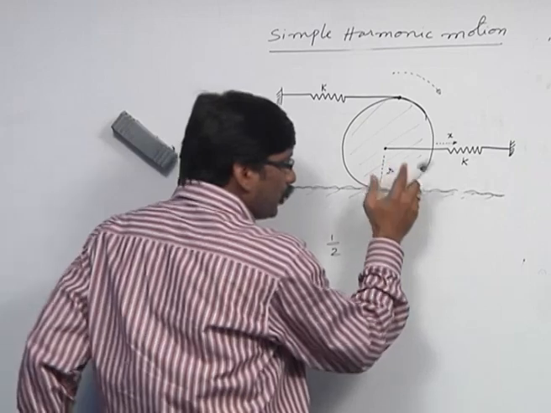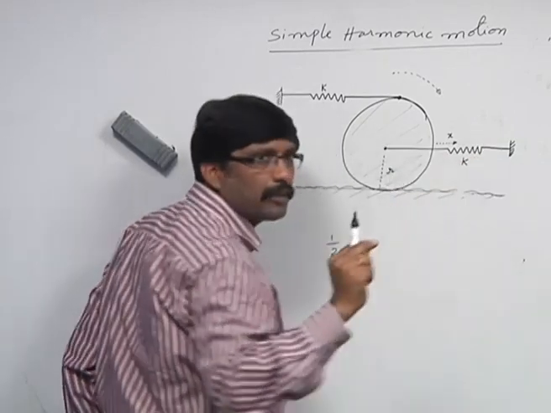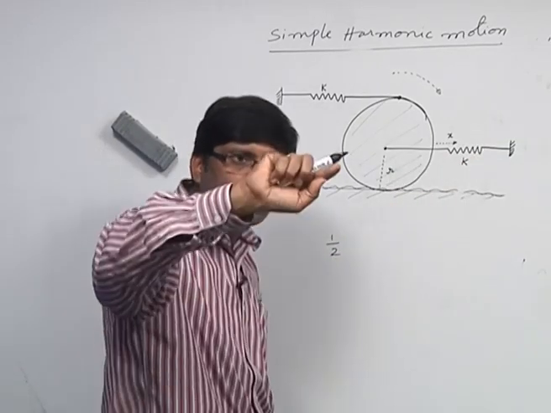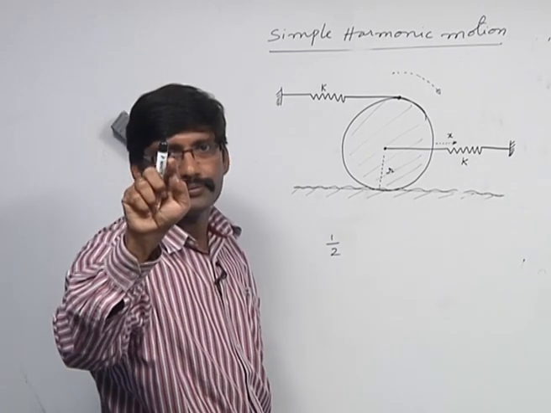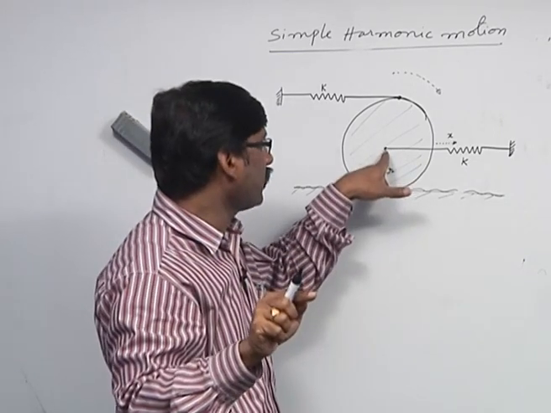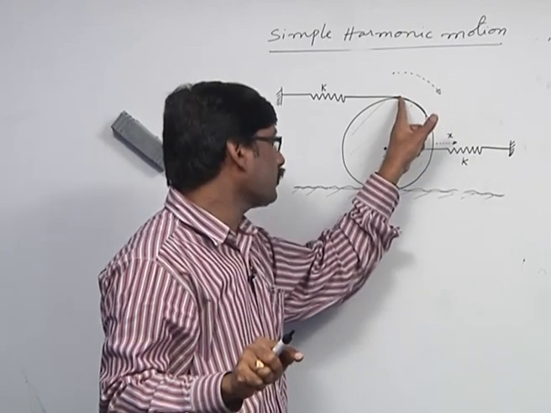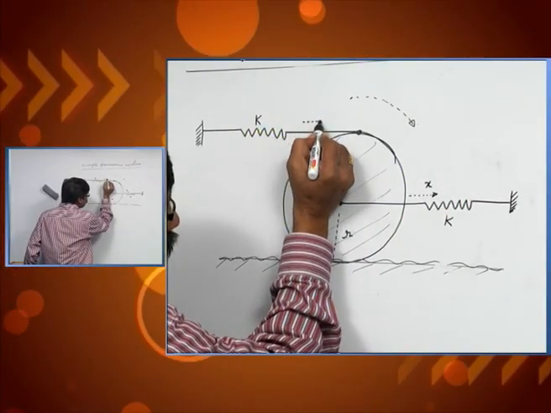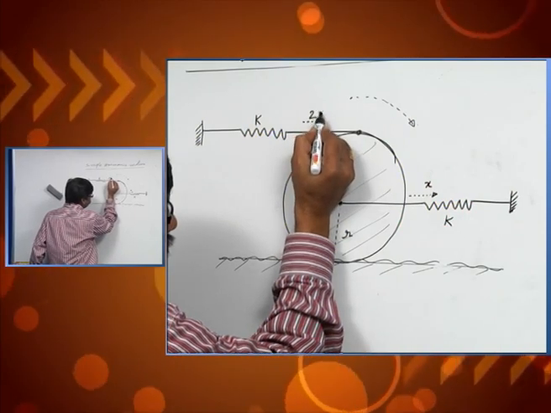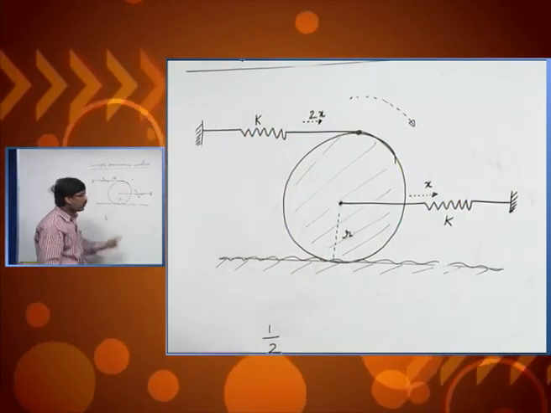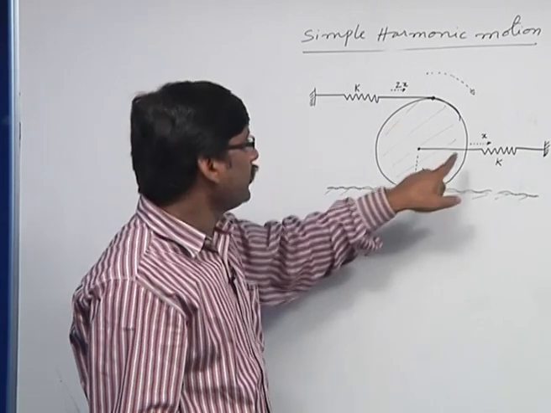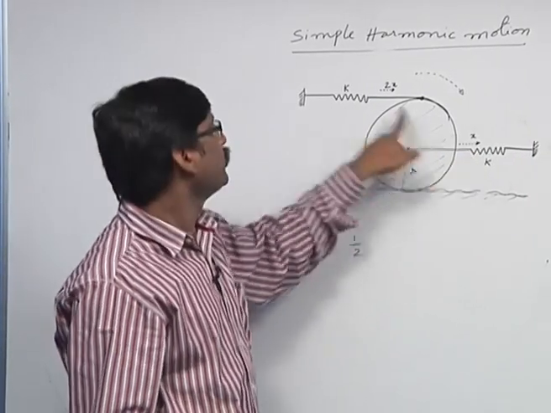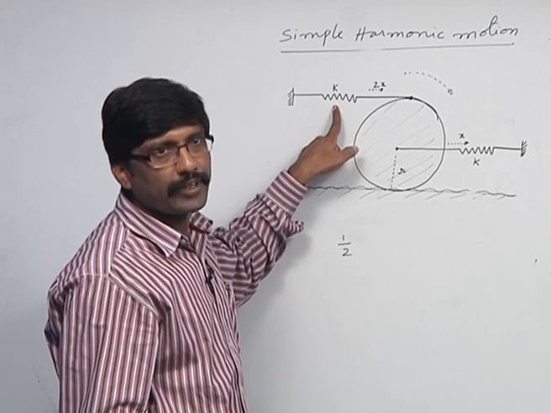We know that if v is the velocity of the center of mass in case of rolling, the velocity of the top edge is 2v. Then the extension of this is 2x. Very important thing: if it compresses by x, the spring will be extended by 2x.